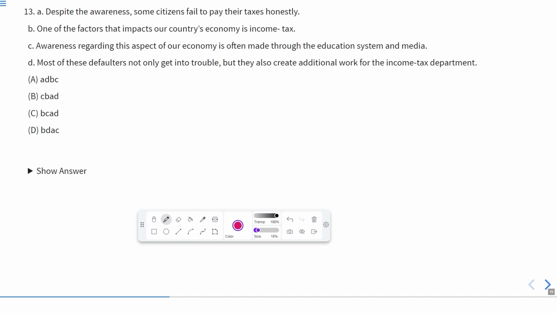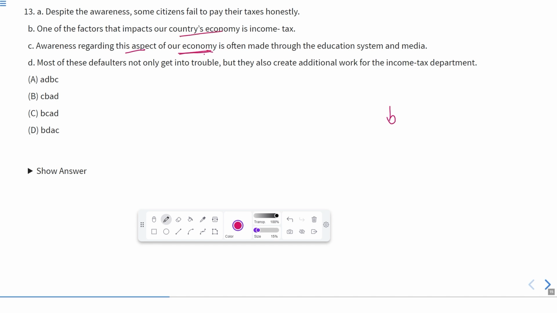Now, one of the factors that impact our country's economy is income tax. So this is actually the most important part, that it is beginning the sequence. So here B should begin the sequence. What is that? That is, some citizens fail to pay their taxes honestly. Awareness regarding this aspect, which aspect of our country, of our economy? So we have talked about economy over here in B sentence.